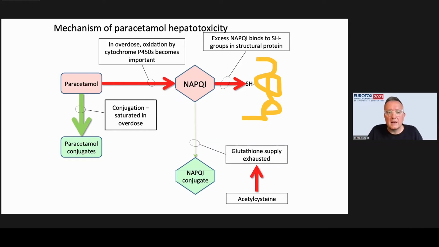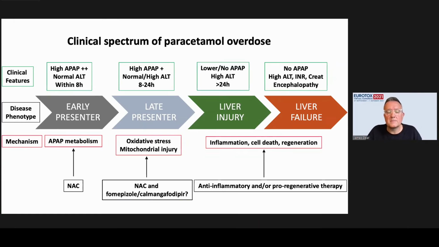So clinically, what I see as a doctor is a spectrum of paracetamol injury, which very much depends on the time from the person taking the overdose to presenting and starting treatment. On this slide, I've broken down a patient into somebody who presents soon after overdose, an early presenter, within around 8 hours of taking the overdose to come in and starting treatment.